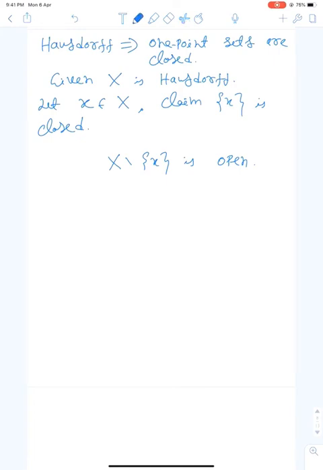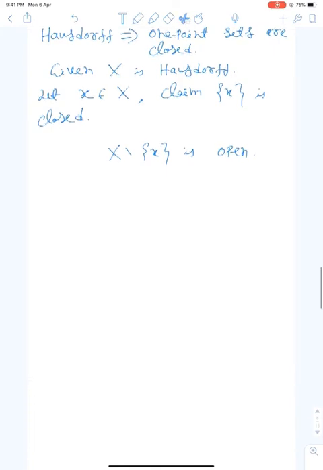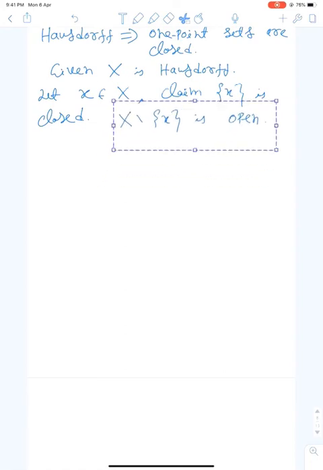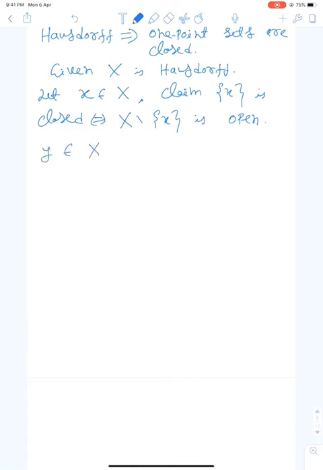This is equivalent to that. Now let y belong to X minus {x}. That implies x is not equal to y. So x and y are different points in X, and given that X is Hausdorff, right?